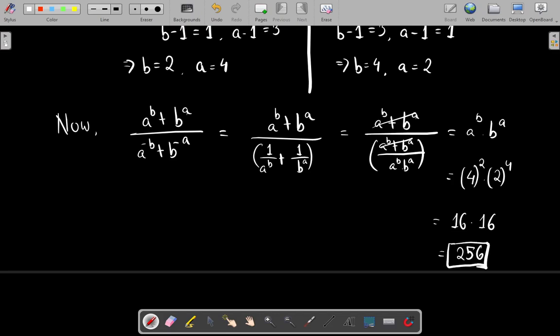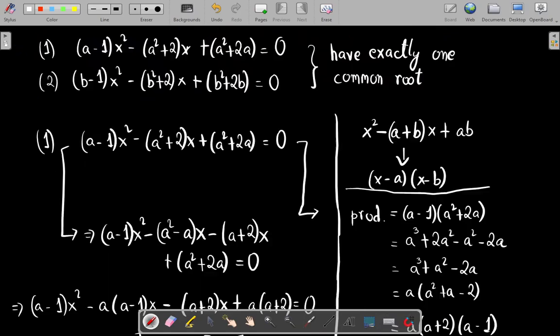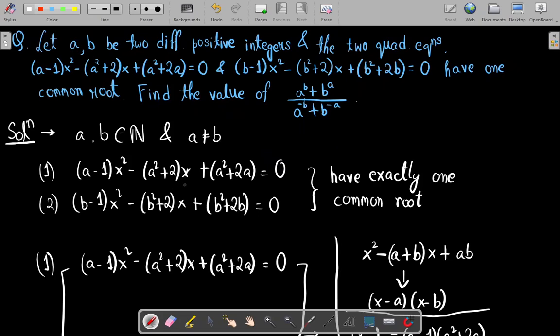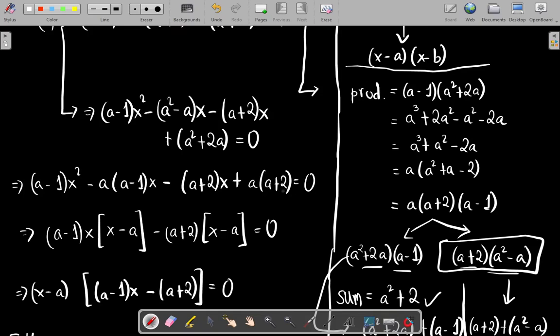So from the start, it was given that a and b were two different positive integers and two quadratic equations were given which have exactly one common root. In order to factorize, I had to break down the product of roots and the sum of roots, and had to find the linear factors, right?